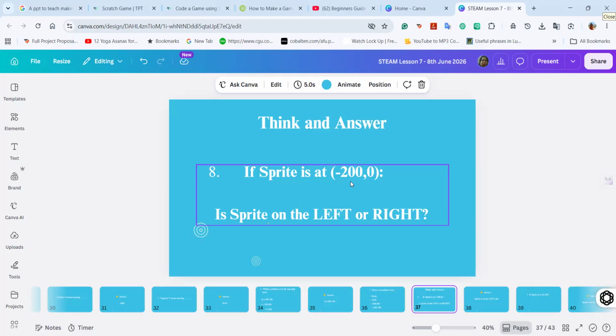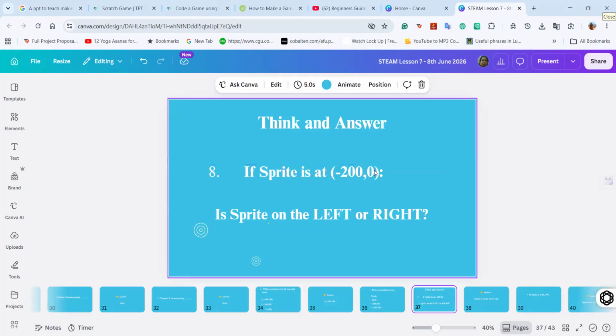It's on the right side or left side? Minus 200 is on the right side or left side? Left. Good. Now, minus 200 is on the left side. You put your pen, move to your left. You can mark it 200 over there. Now, 0 is on the Y-axis.